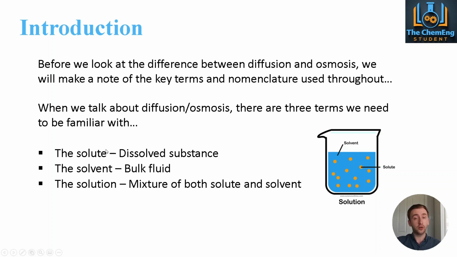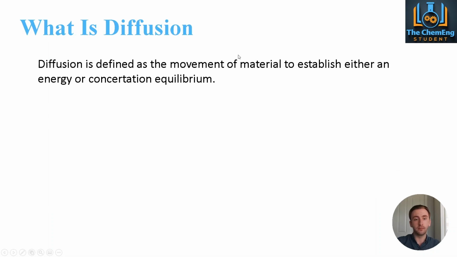If you took sugar in your coffee, then the sugar would be the solute because we would dissolve that. The solvent would be the coffee, and the resultant solution would be a sweetened coffee beverage. So that's a real life example of the idea of diffusion.